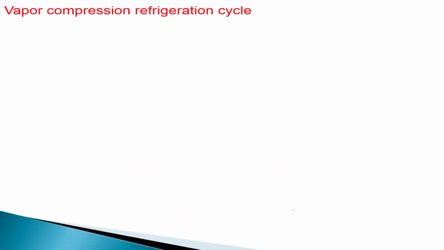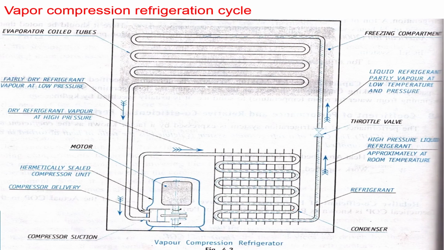So next, this diagram represents the schematic of the vapor compression refrigeration system. This is the one diagram which you are supposed to practice and draw for your examination.